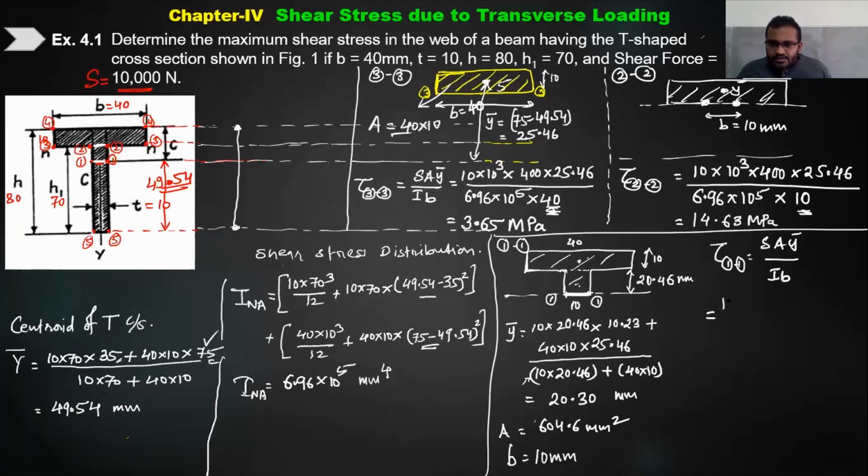S का वैल्यू 10⁻³, तो 10 into 10⁻³, डायरेक्टली 10⁻⁴ लिखता हूँ. ओके, एरिया इज 604.6, y bar is 20.30, inertia is 6.96 10⁻⁵, and into B is 10. So calculate and give me the answer in MPa.